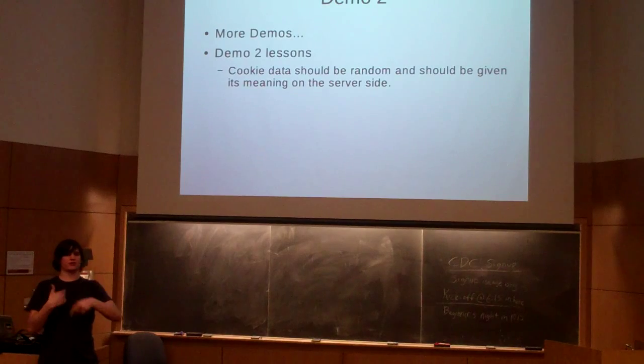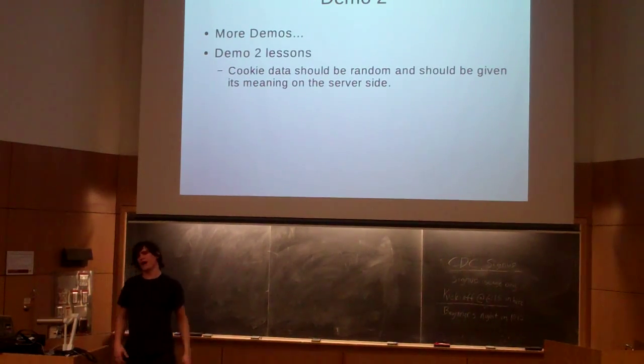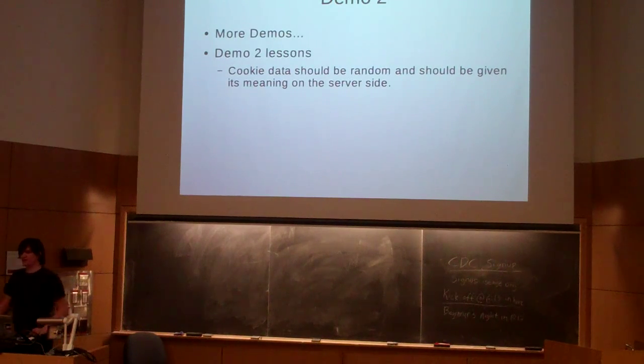It should do that interpreting on the server side, not letting me understand the functionality of the app by making it so obvious as something like is admin. Most of the time it's not that obvious, but you shouldn't ever have something be that clear cut in a cookie. So that's that one.